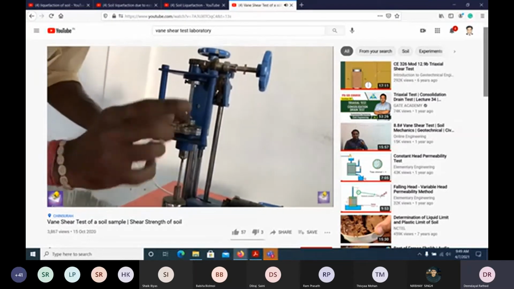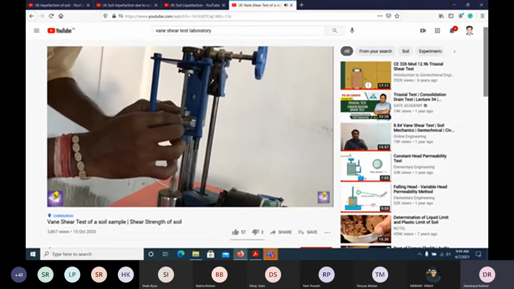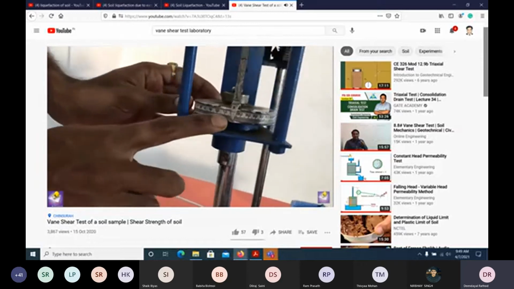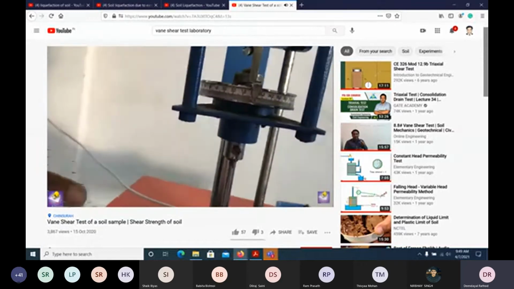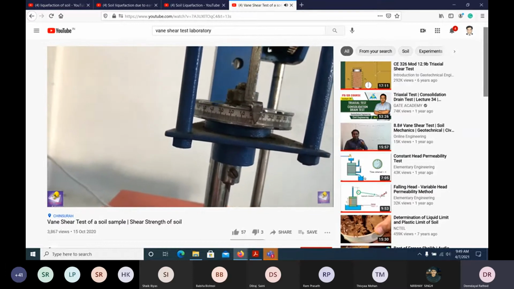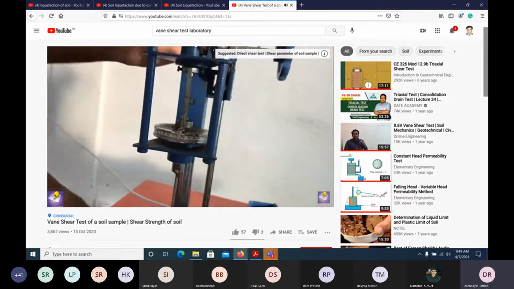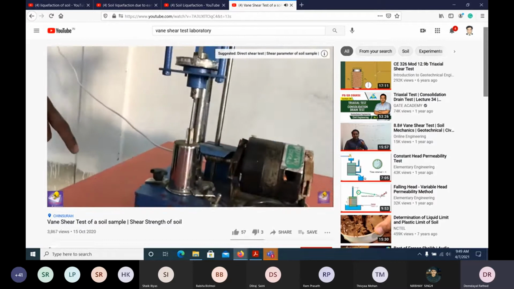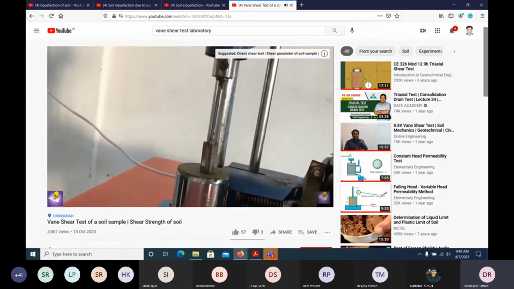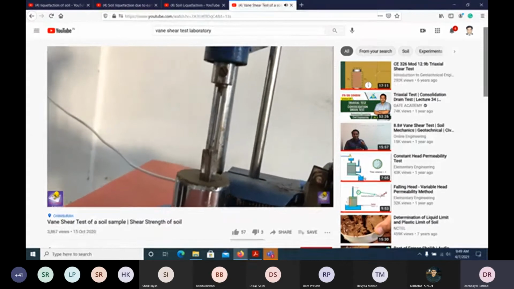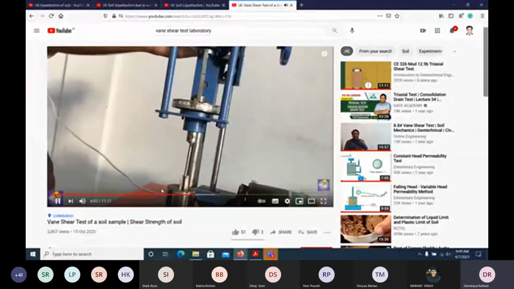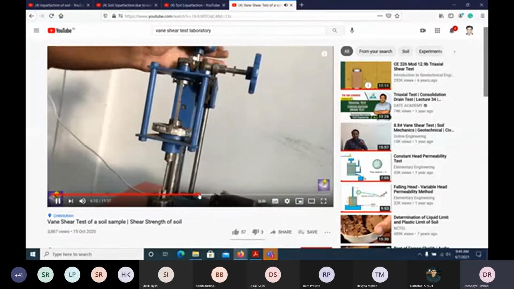Firstly, we have to take care that the reading should be zero. This is the circle. The reading should be zero like that, and we have to penetrate the vane. Now we have to penetrate the vane. The vane is penetrated, and the penetration should be below the surface.